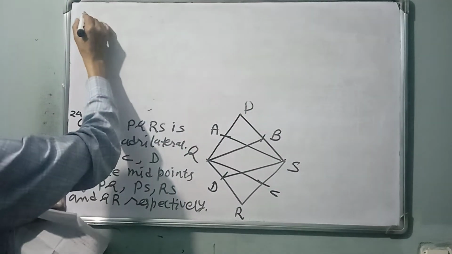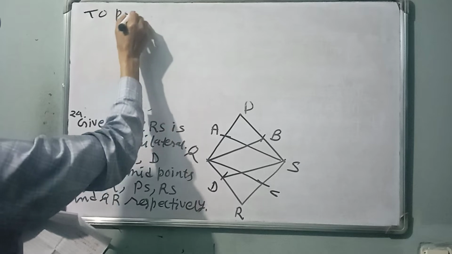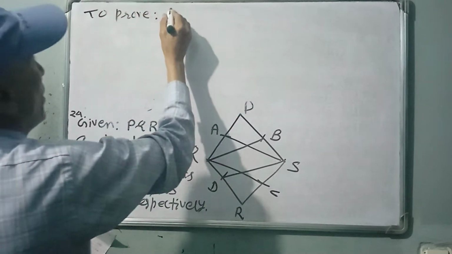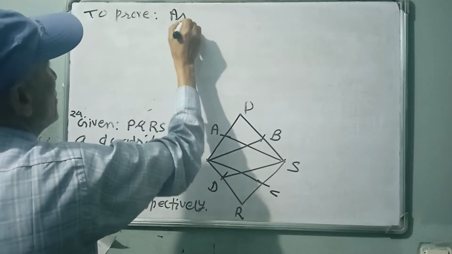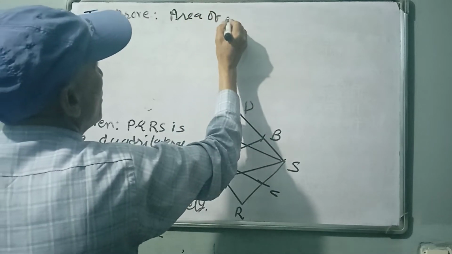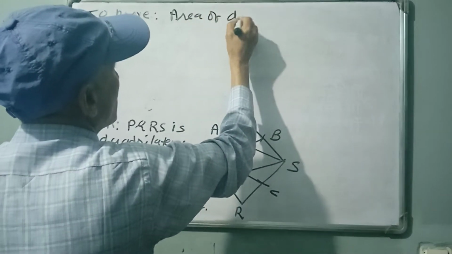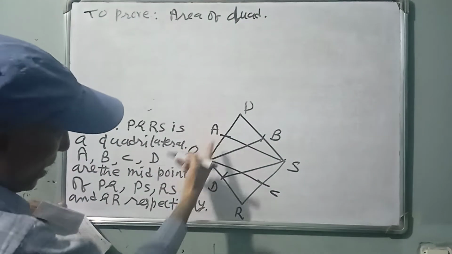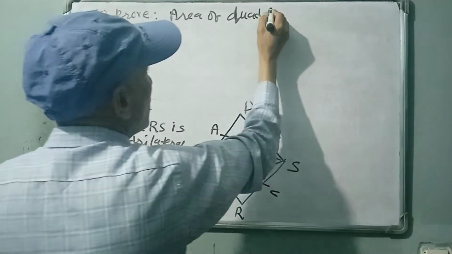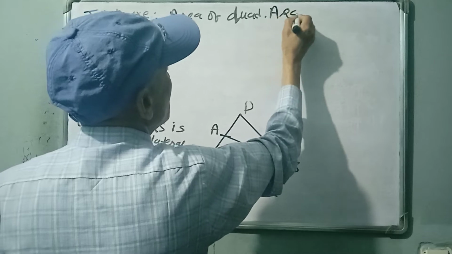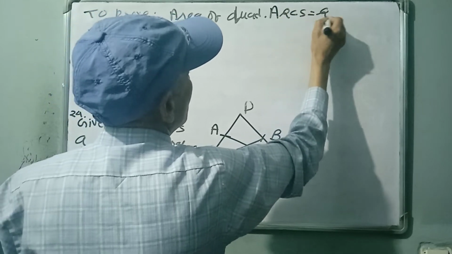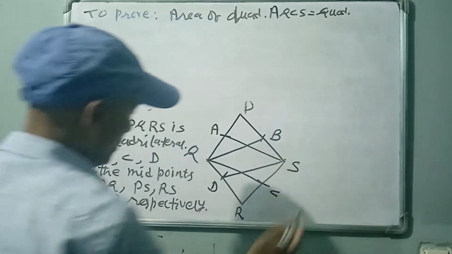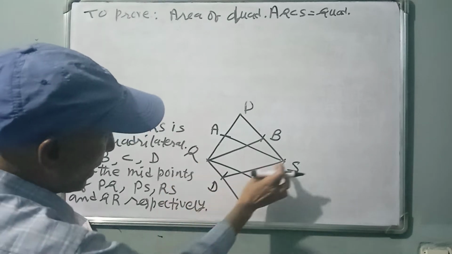What is to prove? To prove is area of quadrilateral AQCS equals area of quadrilateral QDSB.